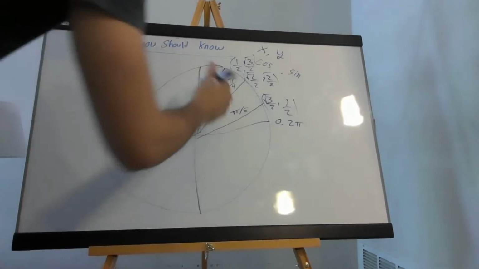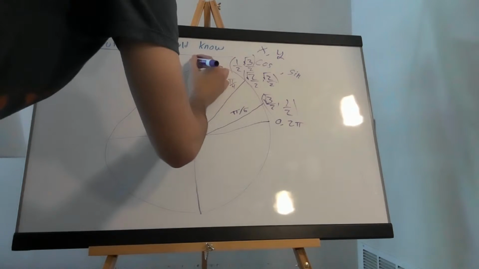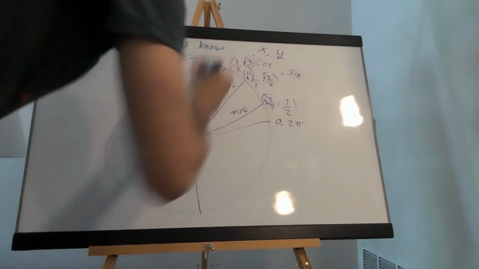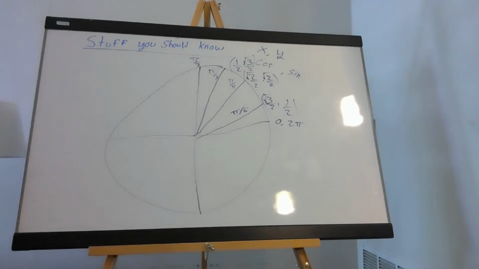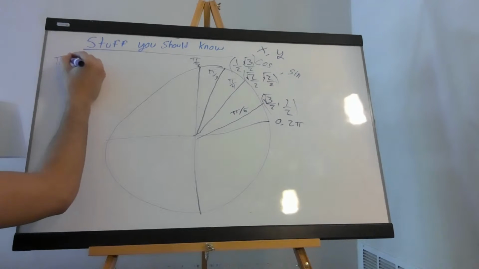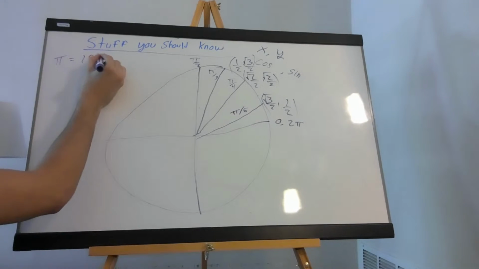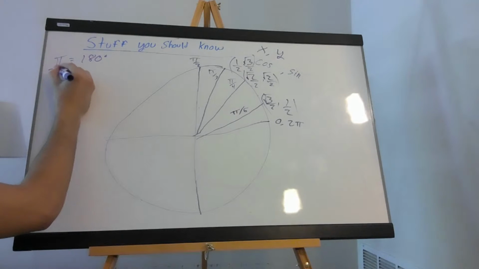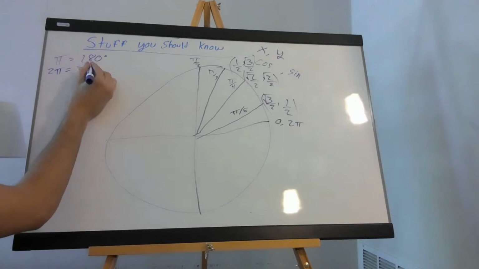So this one right here in radians is just pi over 2. And I don't want you to think this is totally unrelated. Pi is 180 degrees. Let's write that just because I know a lot of people have a hard time grasping that. 2 pi is 360 degrees.